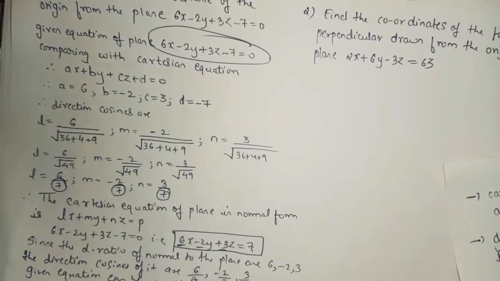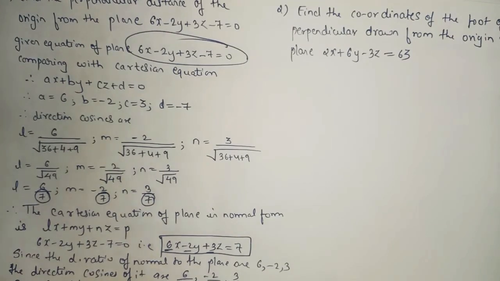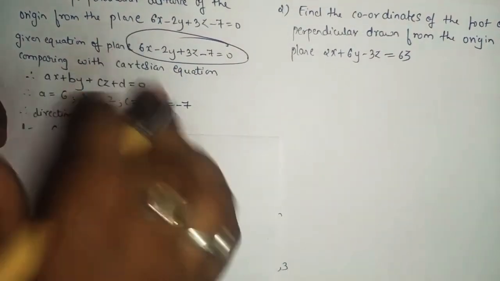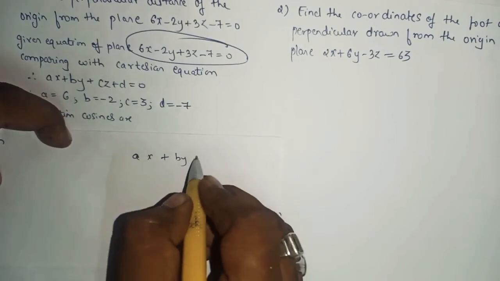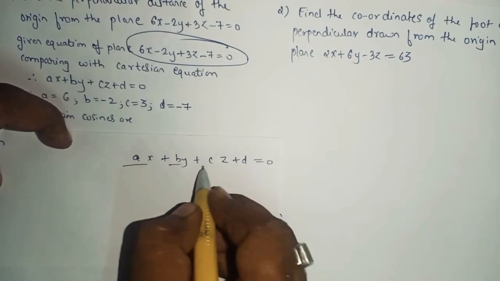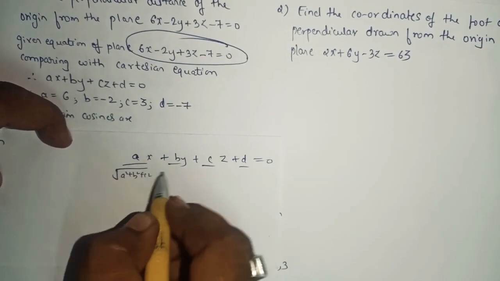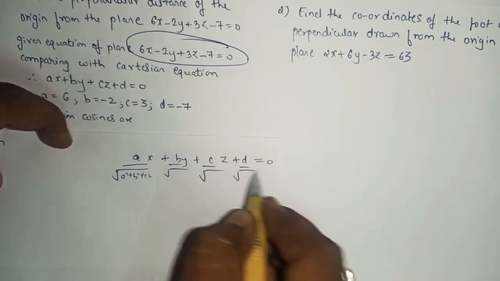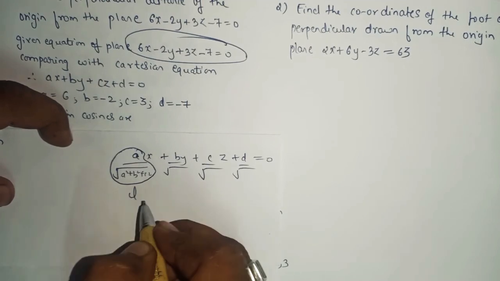So once again I will explain the sum. As here you have the equation in the form ax plus by plus cz plus d equals 0, simply what you will do is divide each term by square root of a square plus b square plus c square. So this part is known as the direction cosine.